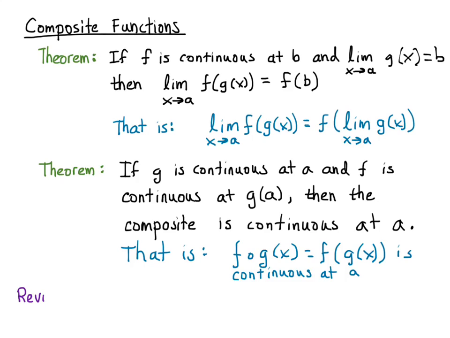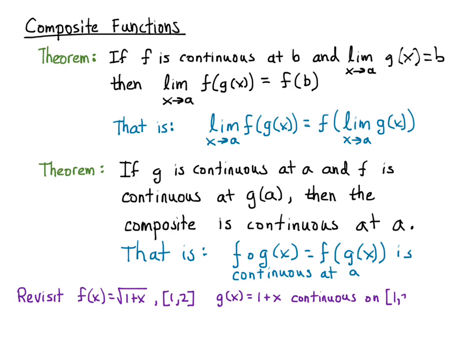All right, so let me show you an example, because I know that this is a little abstract here. So let's say I have these two functions. My f at x is the square root of 1 plus x, and I'm looking at this from 1 to 2. So if g at x equals 1 plus x, what's inside the square root, I'm calling that a function, and I said that's continuous from 1 to 2. We know that's true because 1 plus x is a polynomial, and we said that all polynomial functions are continuous.